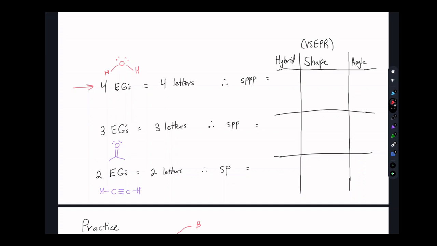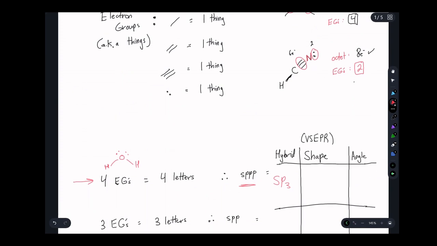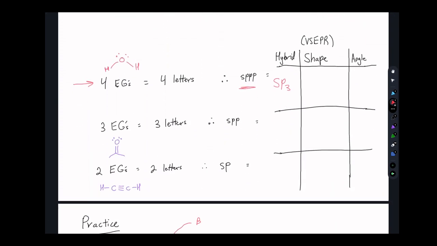That's the trick. So the only way to have 4 letters in your hybridization is to use the sp3 hybrid. So if your atom has 4 electron groups around it, as we've defined up here, 4 things, that means that your hybridization is going to be sp3. And from that quick counting to 4, you'll also be able to ascertain that the shape is tetrahedral.